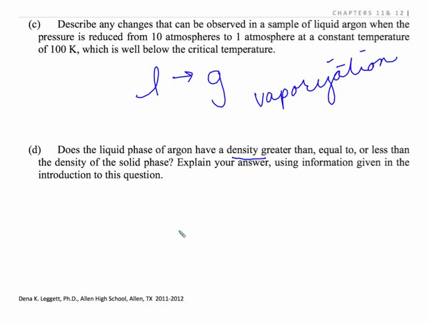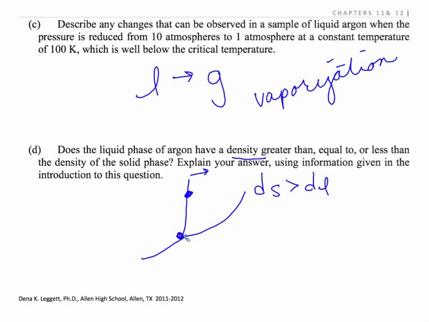Now, this one's a little trickier. How do we tell the density? Well, it's all in that slope. So let's kind of draw our lines like that again. If the slope is leaning to the right, that means that my solid is more dense than my liquid. And the way you can do that is by looking at the freezing point relative to the triple point.